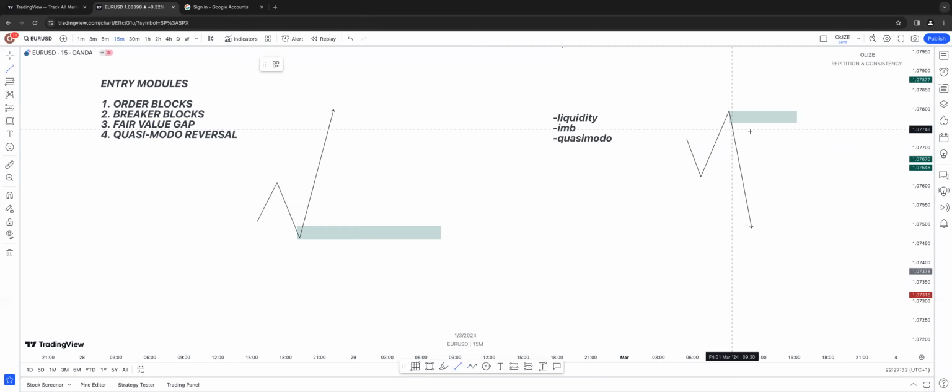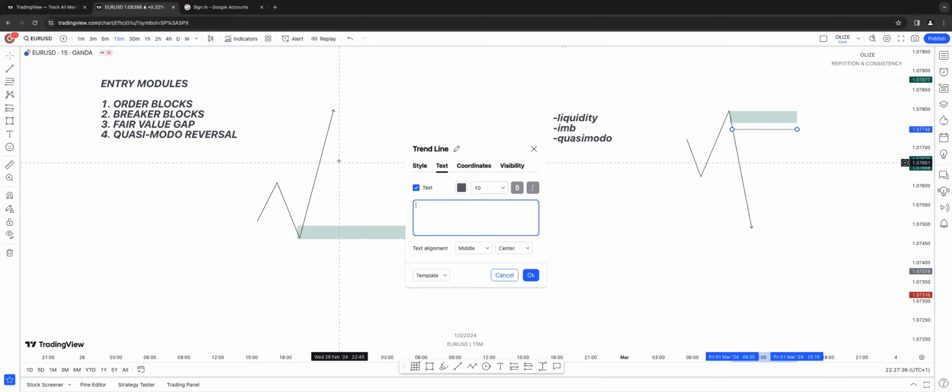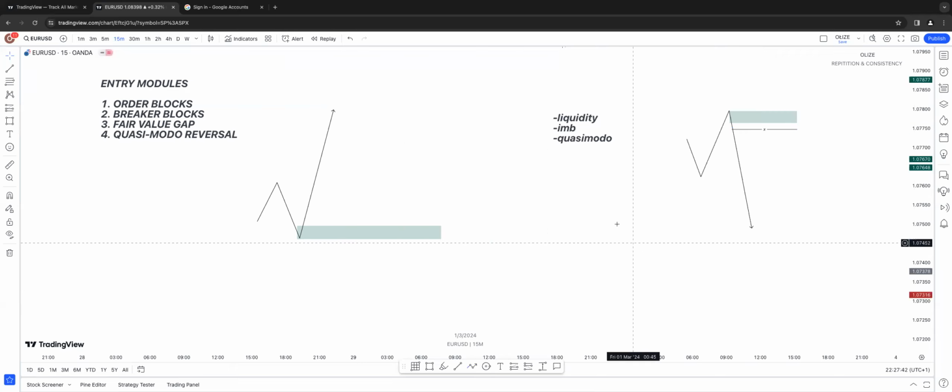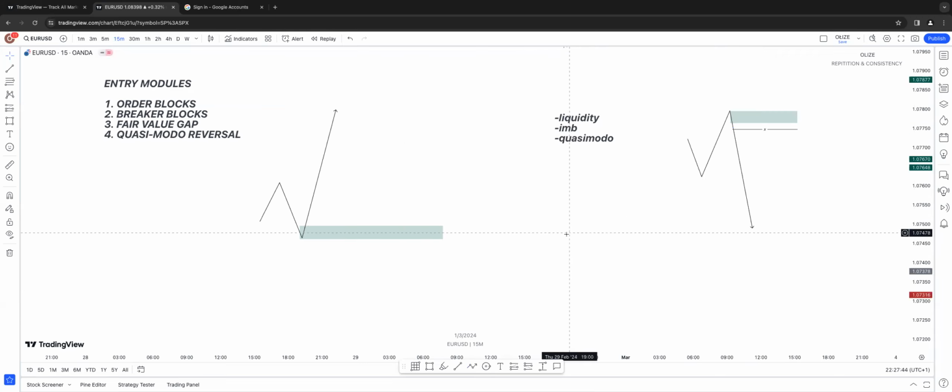That's your structural liquidity. That is where we mark out a bearish order block. So that is actually that. And remember, what makes it valid is always your liquidity and the imbalance, all within your trading range.